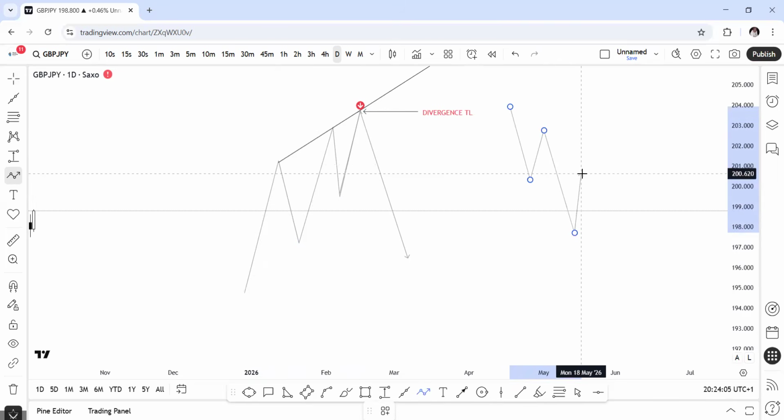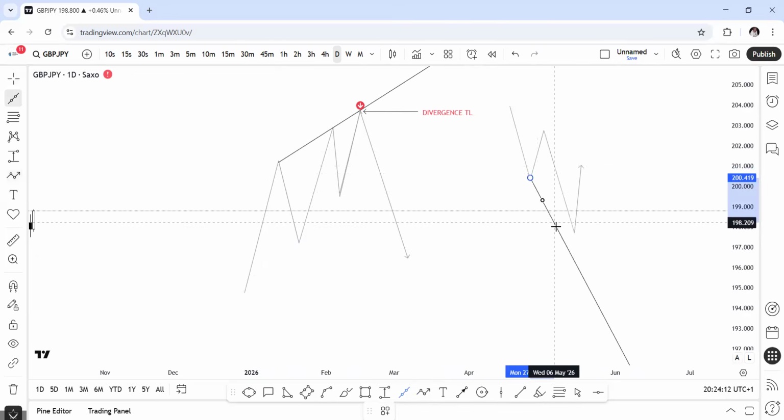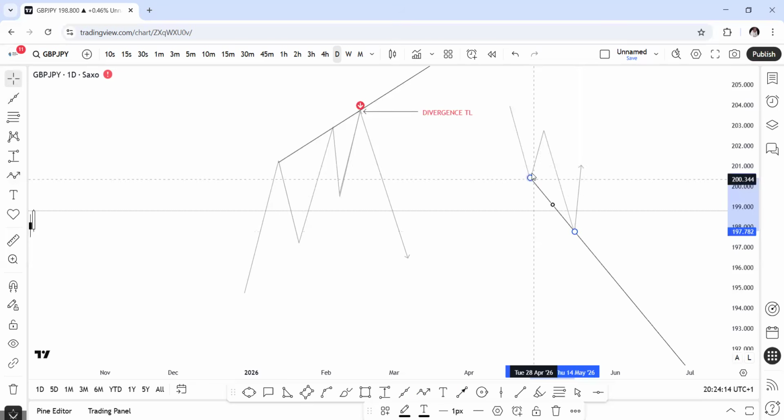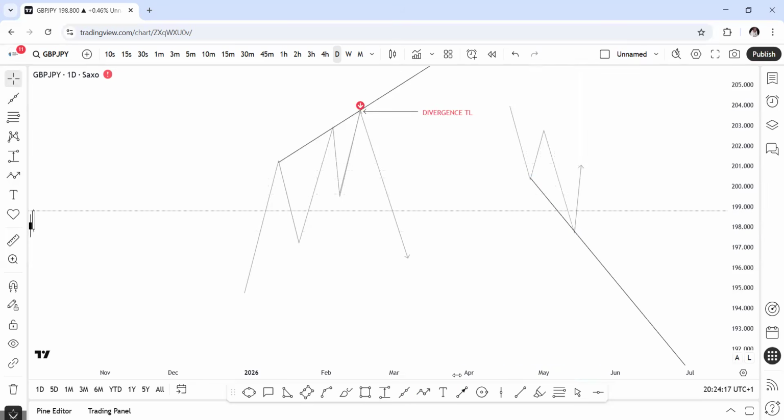That is the second point, where you pull out your trend line to map the trend. Then the third point comes here to touch the trend line and then bounces off it.